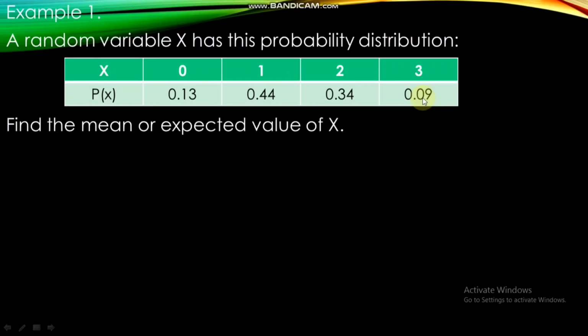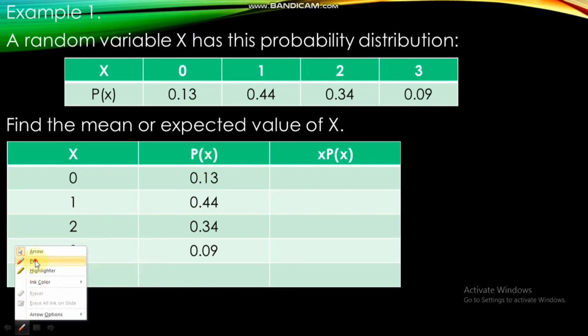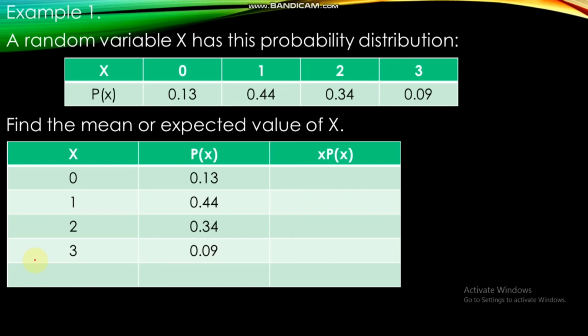Find the mean or the expected value of x. So we will make a table. This is the value of x, 0, 1, 2, 3. This is the probability of the outcome x. This is our given, the probability and the value of x.